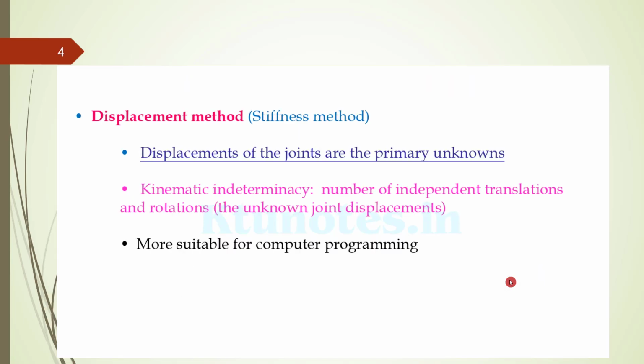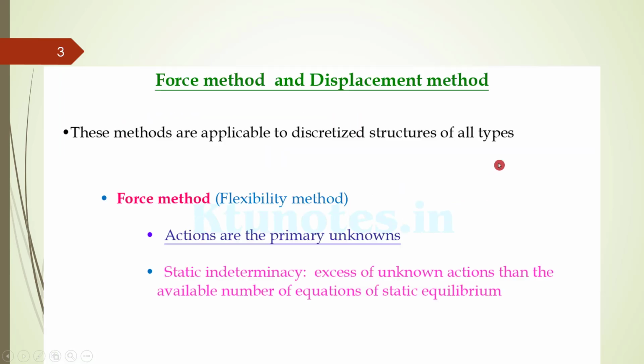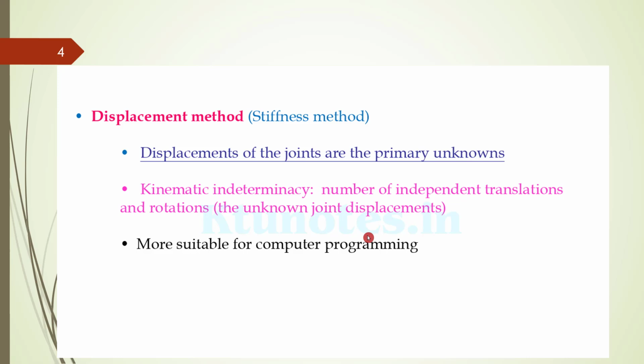So the other approach is the displacement method, which is also called the stiffness method, in which the displacements of the joints are the primary unknowns. So this is the main difference. In the previous one, the actions are the primary unknowns. In the stiffness method, displacements are the primary unknowns.